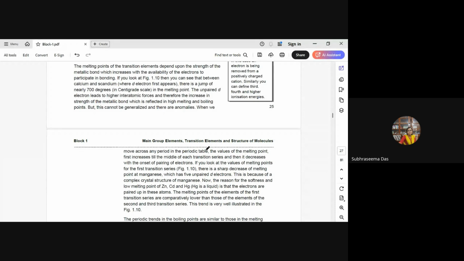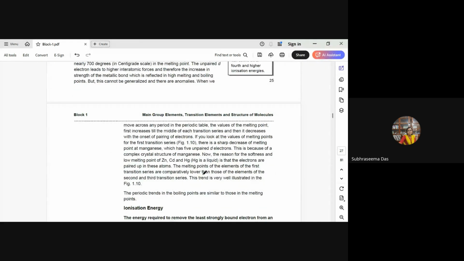Now, we cannot generalize this behavior, because when we move across any period, the value of the melting point first increases, and when we reach the middle of the transition series, it decreases. This is a very typical behavior if we consider the first transition series. From scandium to manganese it increases, but after manganese it decreases.